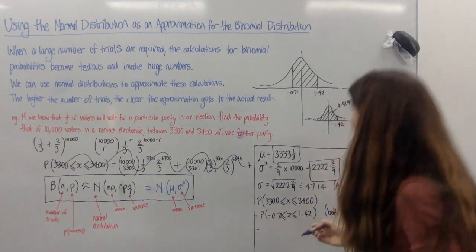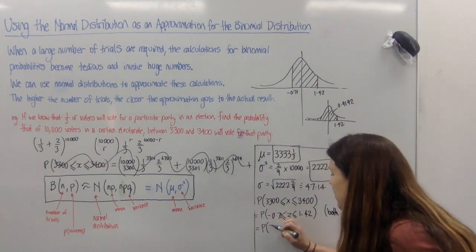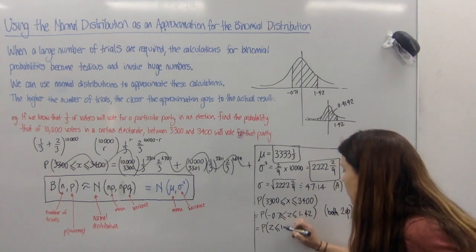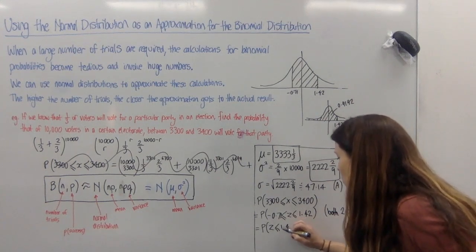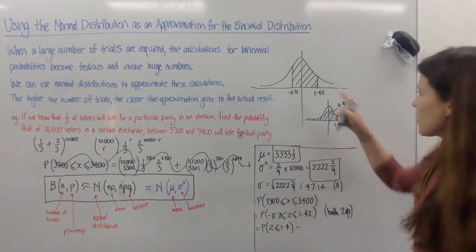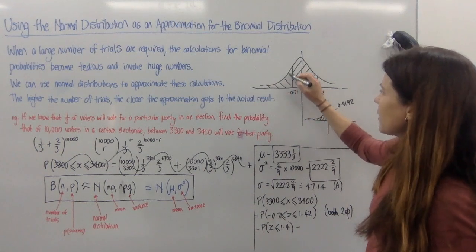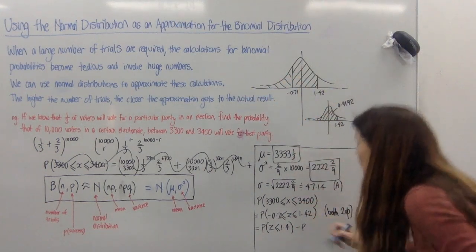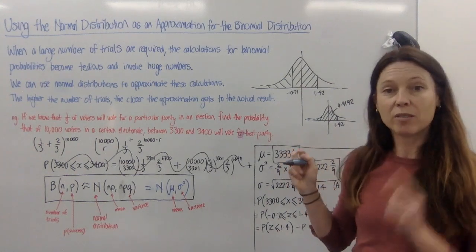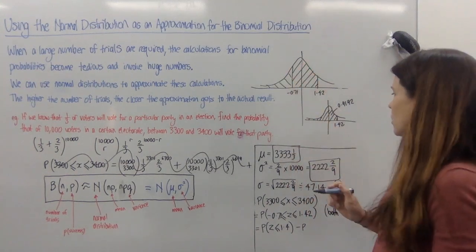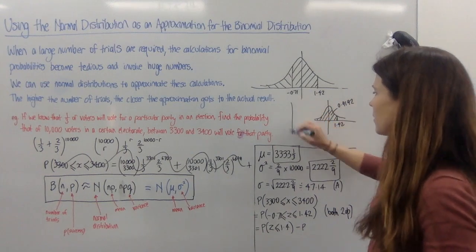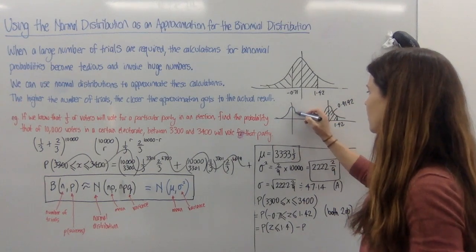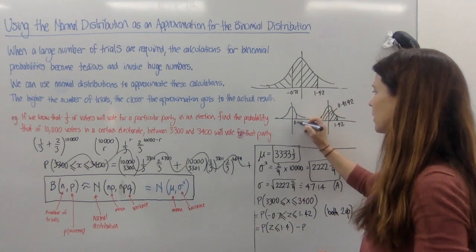So I need to do the probability that Z is less than or equal to 1.4, and then I need to subtract this part out here, which is the section that I don't want. So I'll need to subtract the probability that, now remember you can't look up z-scores for negative numbers, so I'm going to do a bit of thinking here and look at positive 0.7. It's here.